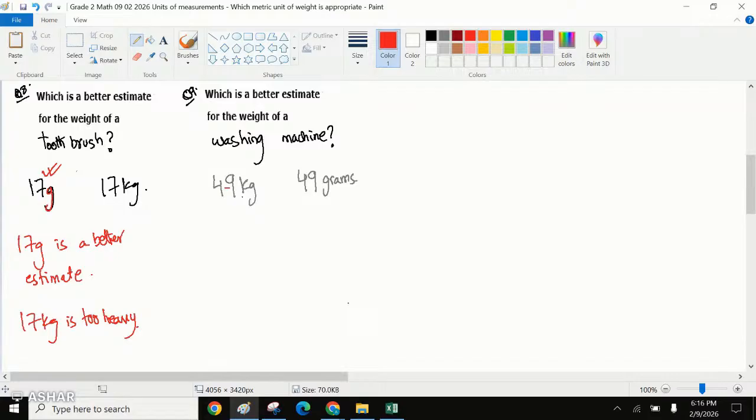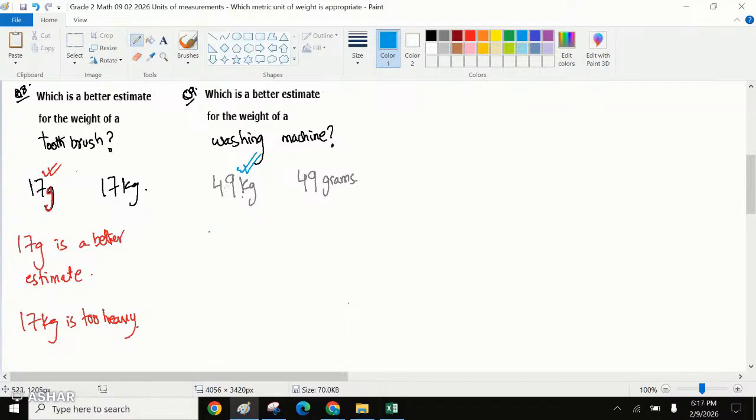Thank you, Cordova. That means a washing machine has to be bigger in size. Precious over here. Okay.